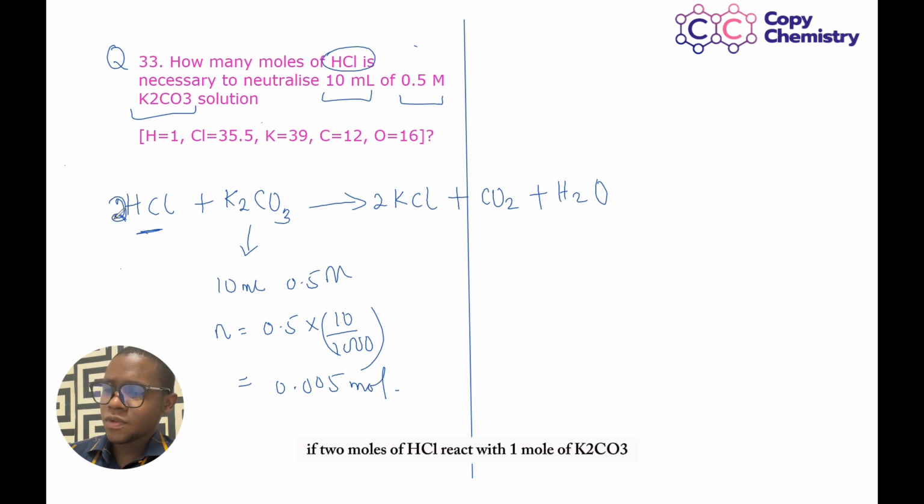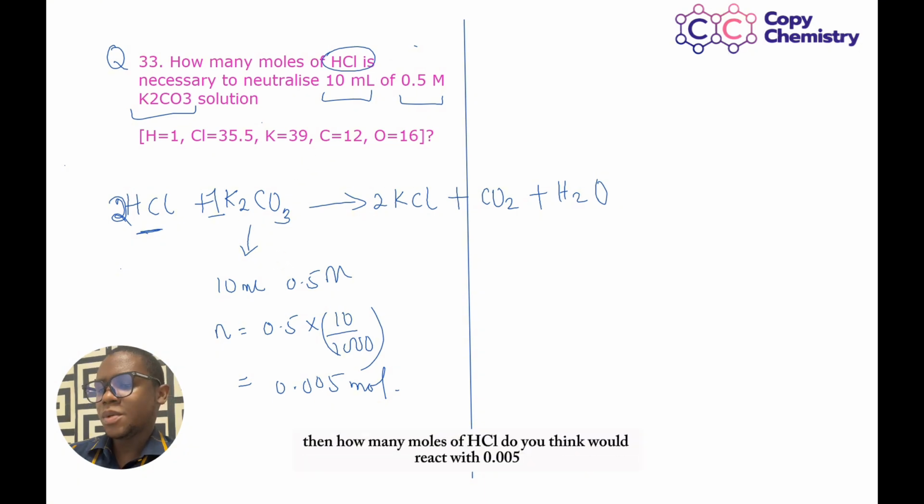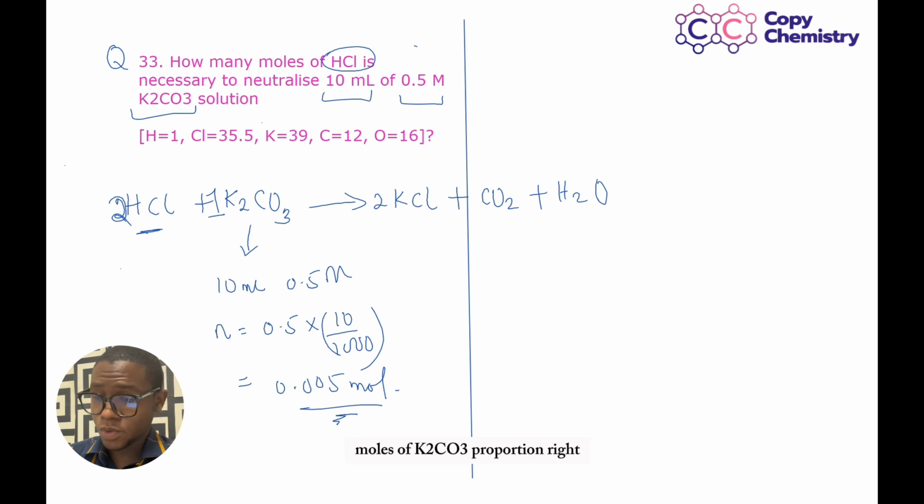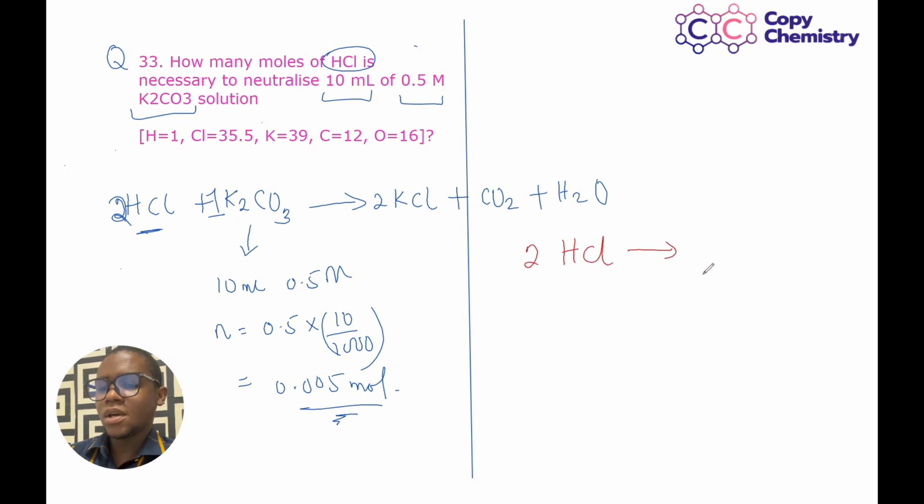If 2 moles of HCl react with 1 mole of K2CO3, then how many moles of HCl do you think would react with 0.005 moles of K2CO3? Proportion, right? Somebody say proportion. 2 HCl, 1 K2CO3.